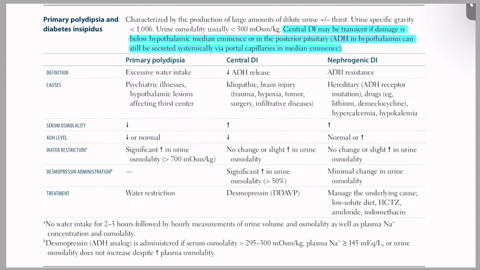In nephrogenic DI, ADH resistance: hereditary ADH receptor mutation, drugs that is lithium, demeclocycline, hypercalcemia. Serum osmolality increases, ADH level normal or increases. Water restriction, no change or slightly increased urine osmolality.